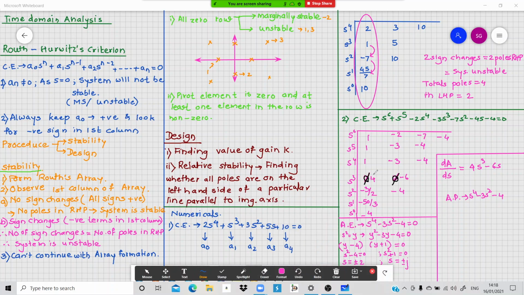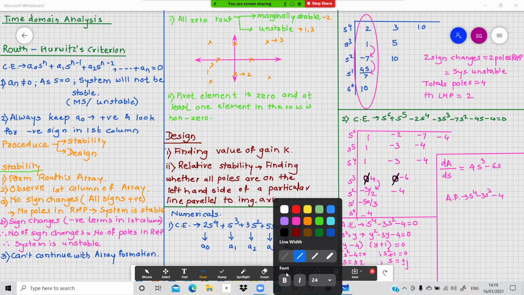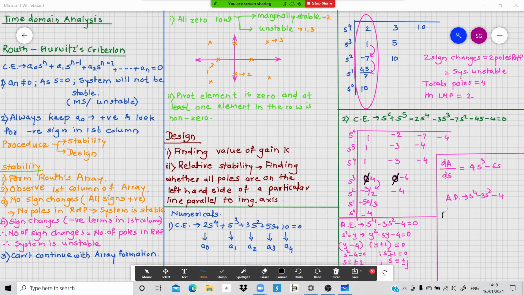Now you see the sign changes. Positive to negative, negative to negative, negative to negative. That means only one pole is lying in the RHP, and we got that pole. Now I can write the conclusion. In the RHP, number of poles is 1.